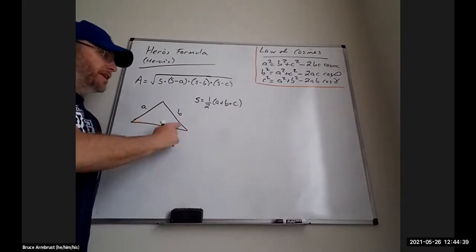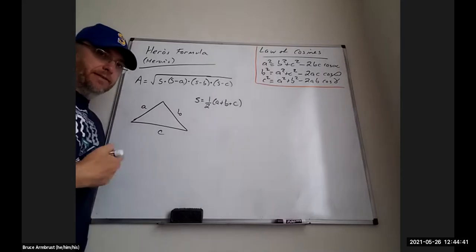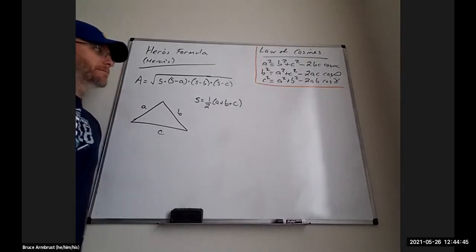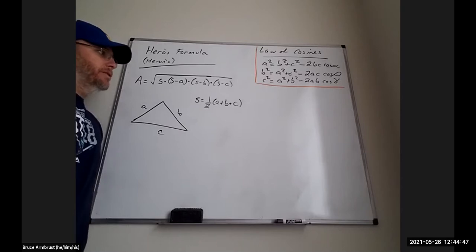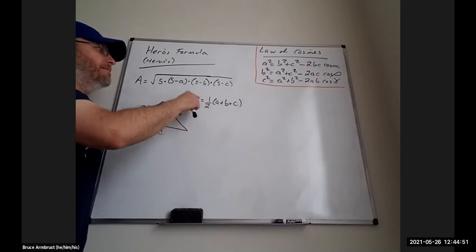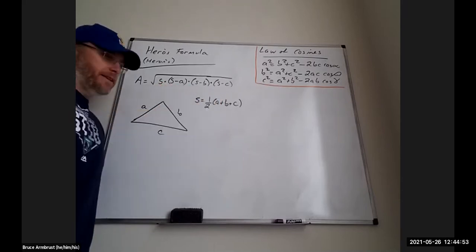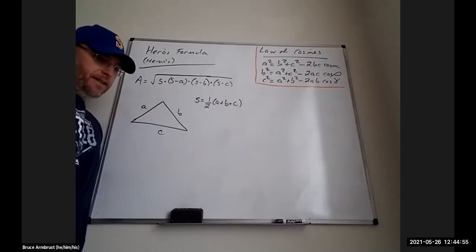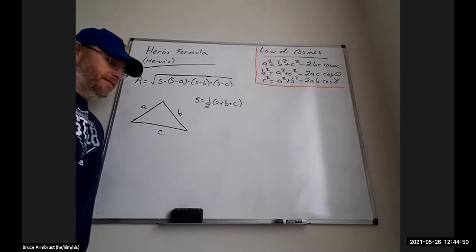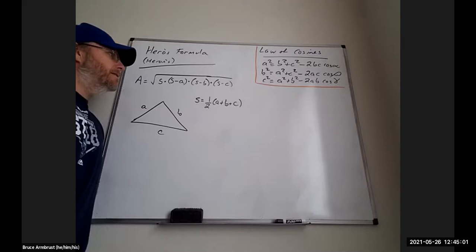Perimeter is the total of the outside, so S is that cut in half. Given your 3 sides, you can find the half perimeter and then put all this stuff in, and you will get your area.